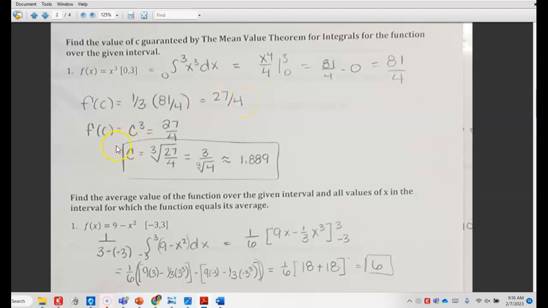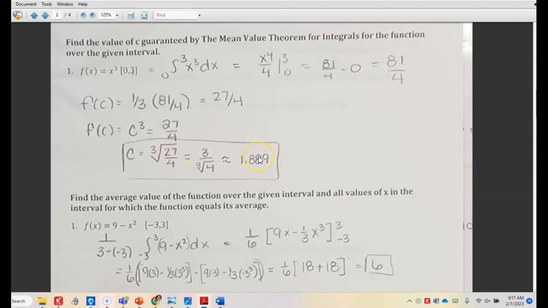So f of c is c cubed. I want to know, when does c cubed equal 27/4? So I take the cube root of that, which gives me 3 over the cube root of 4, which is approximately 1.889. If it was a non-calculator, you would stop here.